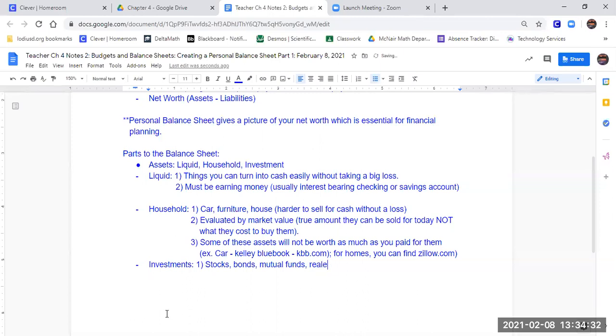Real estate for rental, so not a personal home, but one that you bought to rent to somebody else. Also retirement accounts. These are all investments. Now we're going to go over the stocks and the bonds today, and then we're going to pick up tomorrow with the mutual funds.